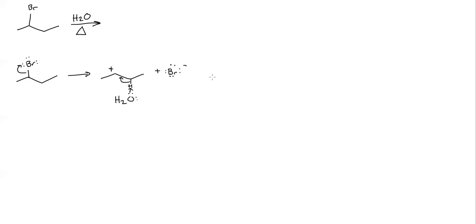So that means that my final product is this alkene as well as a protonated water, which is hydronium. So I get this alkene and I also get hydronium as well. Okay, and that's the whole mechanism. All right, so we get this.